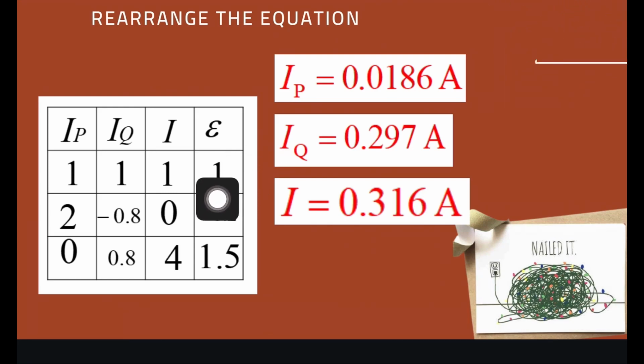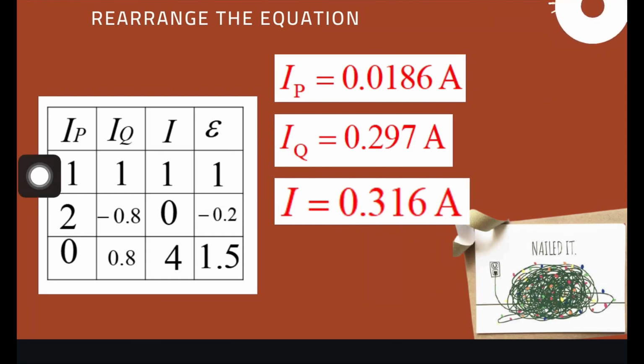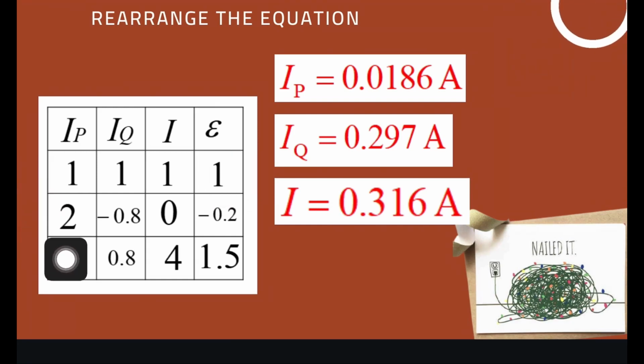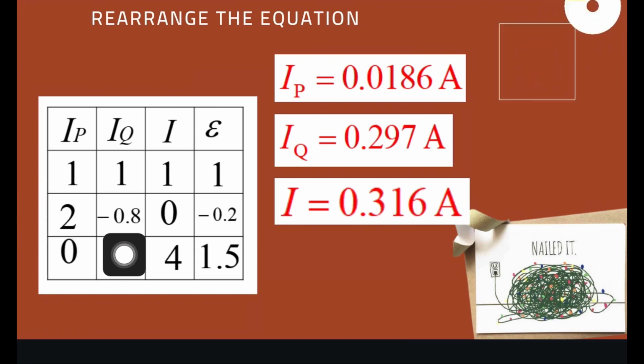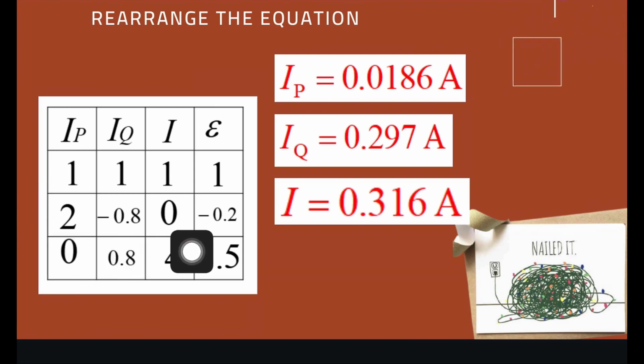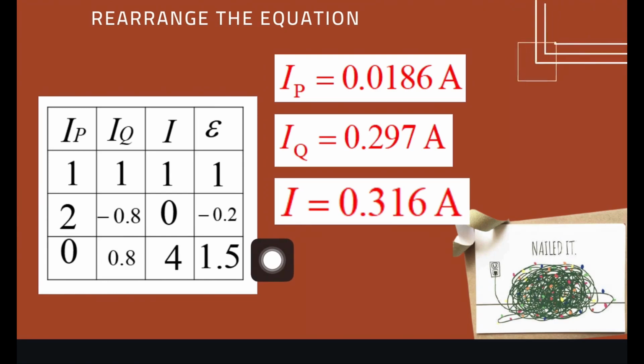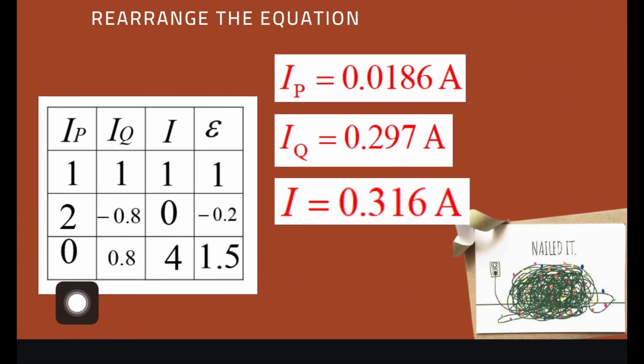So you need to change this. For the second equation, it is 2, negative 0.8, 0 and negative 0.2. For the third equation, IP is 0, IQ is 0.8, 4 and 1.5.